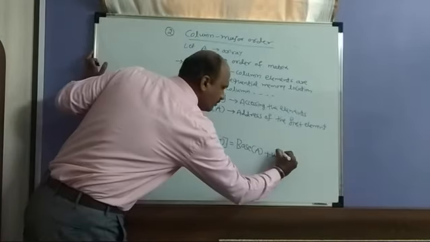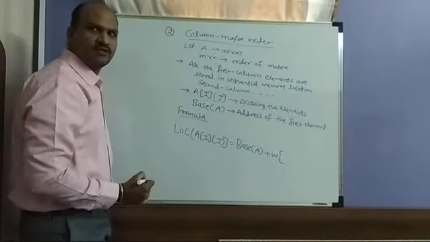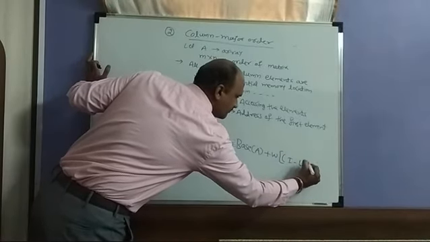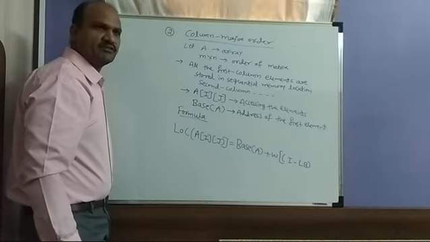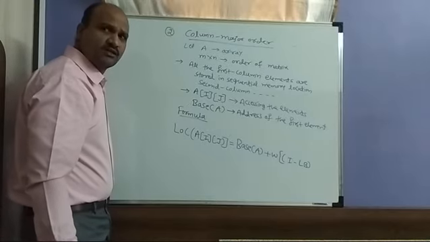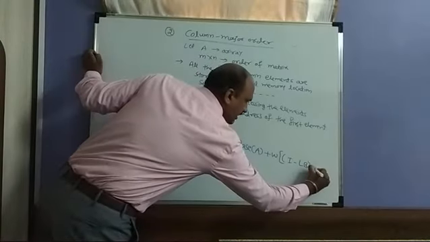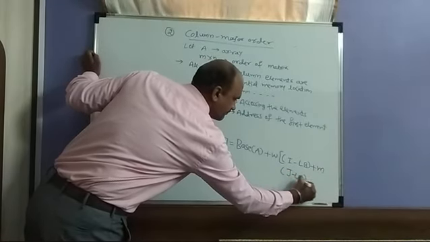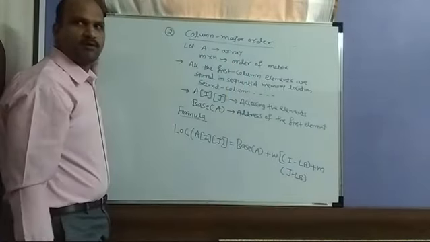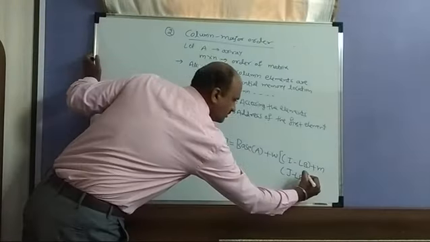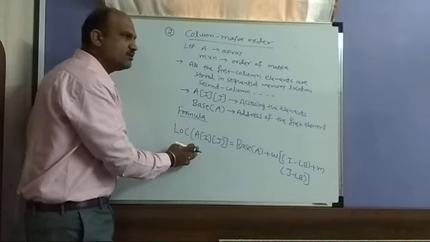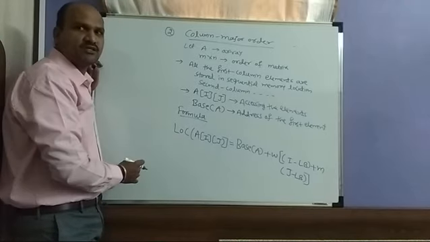Now it will be a little bit changed: i minus lb, that is the row with the lower bound, plus m into (j minus lb), then close the bracket. This is the formula for finding the column major order.